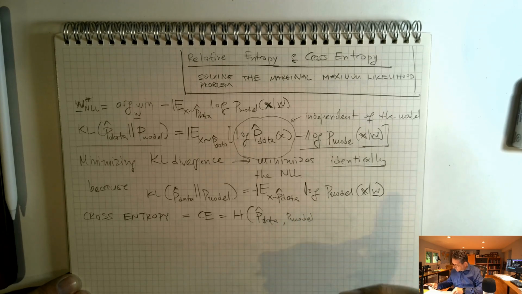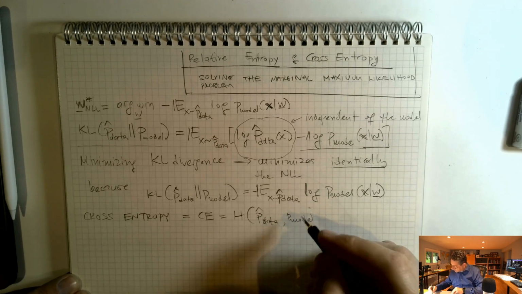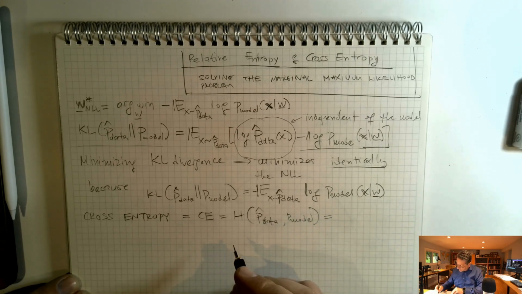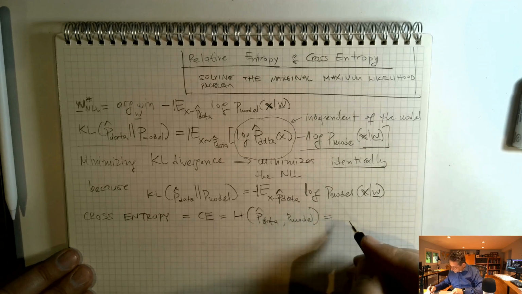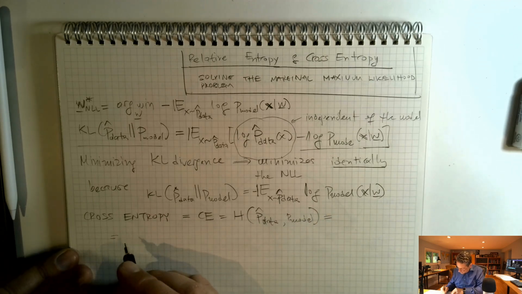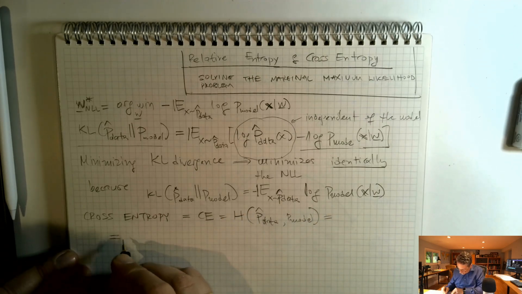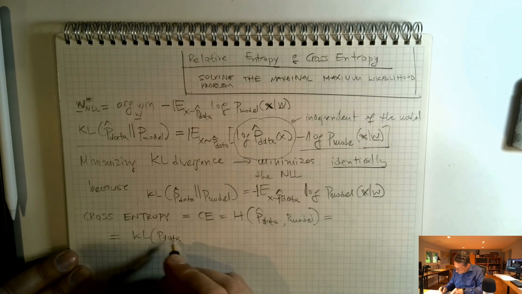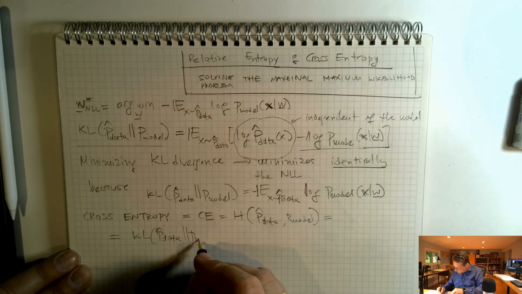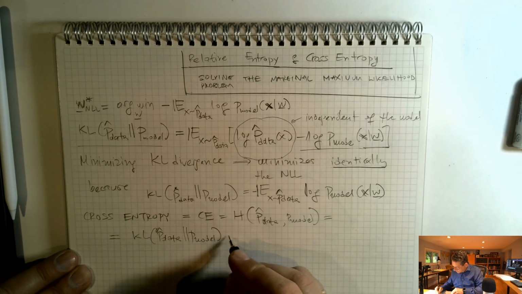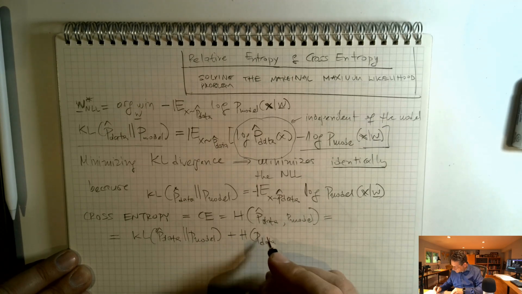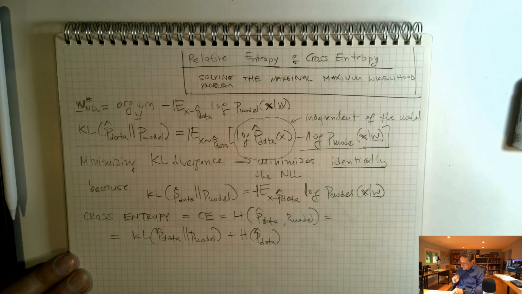We use our distributions that we have, they are involved in the learning process, and this is going to be, according to this definition, the KL of P data hat, P model plus the entropy of the marginal distribution P data hat. This is the definition of cross entropy.